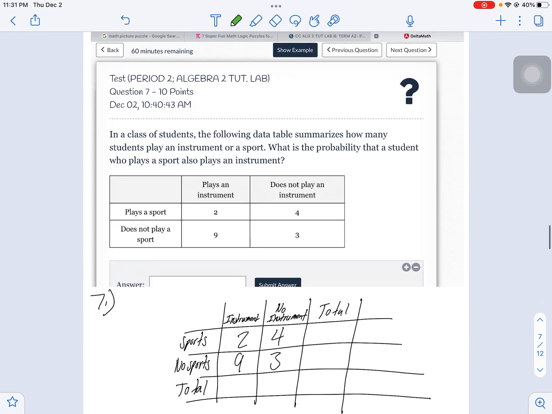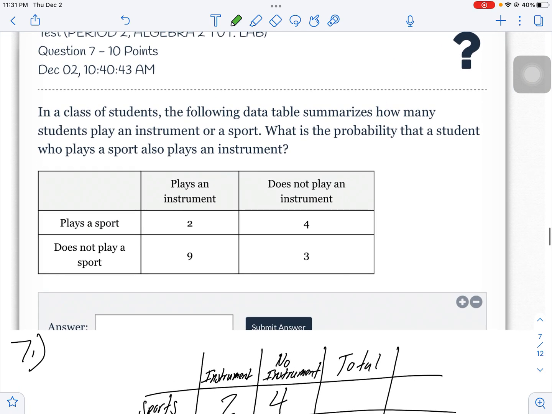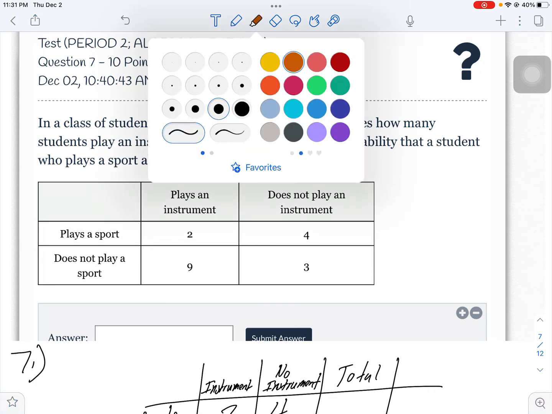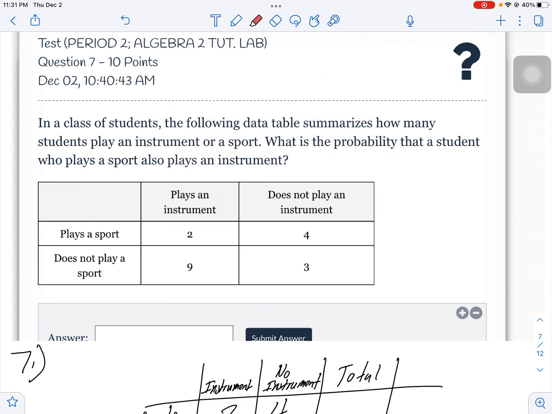Okay. Number 7. So number 7 is a little bit more specific here. In a class of students, the following data table summarizes how many students play an instrument or a sport.